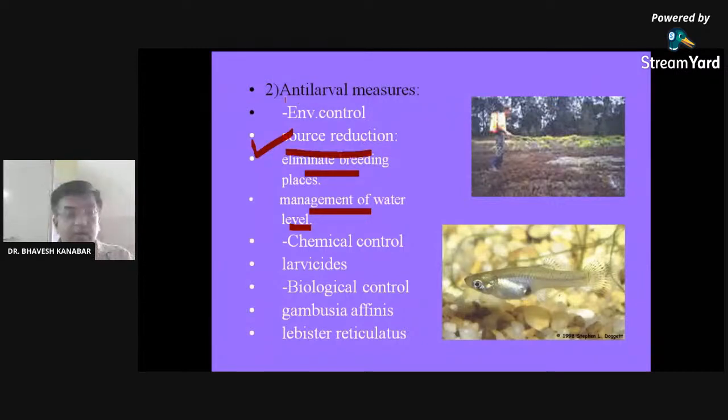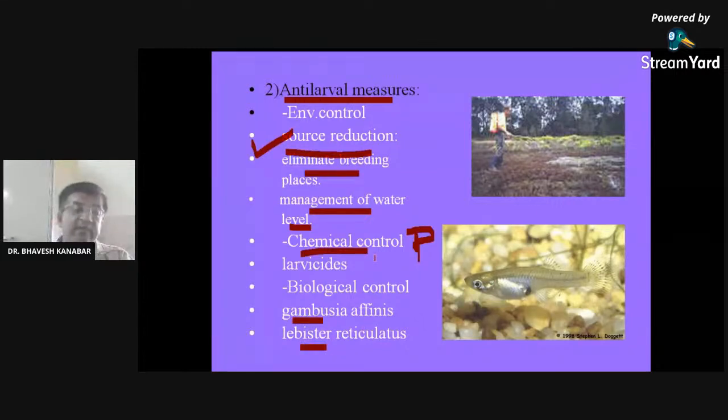That is anti-larval measure. The previous ones were anti-adult measures. Chemical control, with the help of Paris green. I have told you previously also, Paris green can be spread. Then malarial larvicidal oil can be spread over the water collection. Larvicidal fish like Gambusia, lobster or guppy fish. I have told you in dengue also.